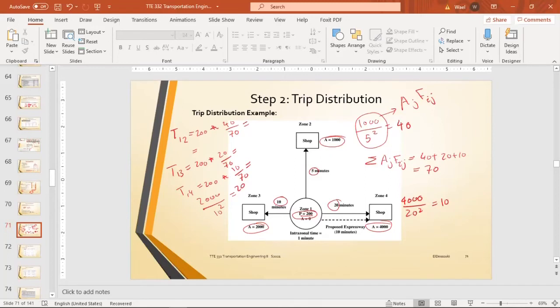So 200 multiplied by 4 over 7. Here we have 114 trips, and here we will have 57, and here we will have 29 trips.